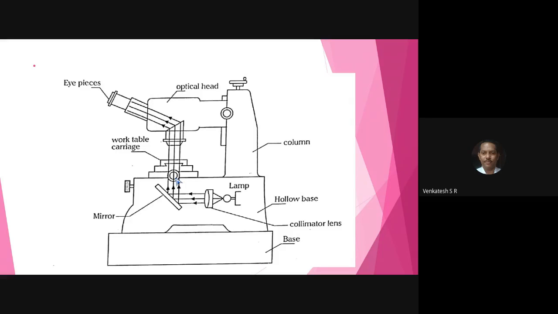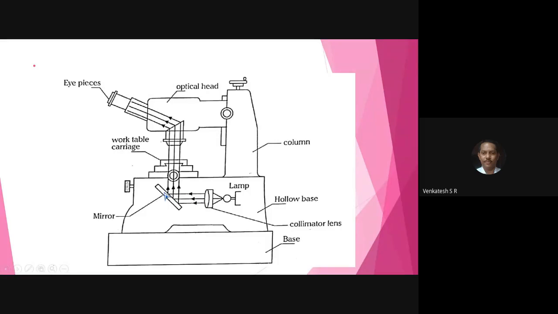This is the principle of operation of tool maker's microscope. Once again, what are the things present here? First one, this is the cast iron base, and you also have a hollow base that is also made of cast iron, and there will be a lamp which produces the light which passes through the collimator lens and the lens, and makes the light rays incident on the mirror.